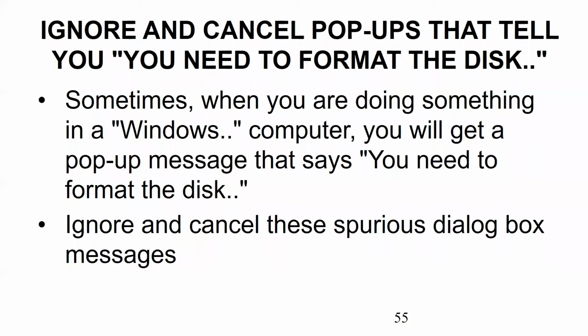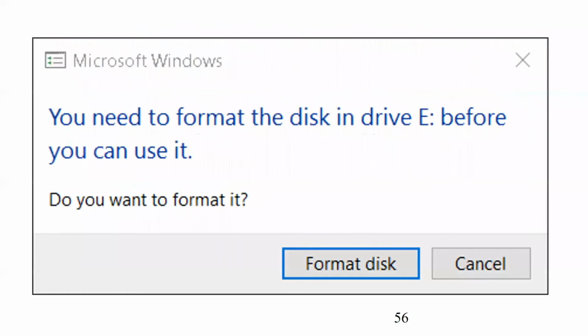Okay? Now, here's another thing I want to tell you about. If you have a pop-up that looks like this, I see this all the time when I'm running various software for fixing hard drives, and when I get into disk management inside Windows, the control panel, or when I get into the Windows To Go applet, which is part of Windows 8.1 and higher, it pops this up.